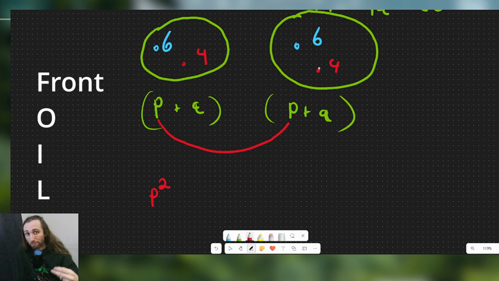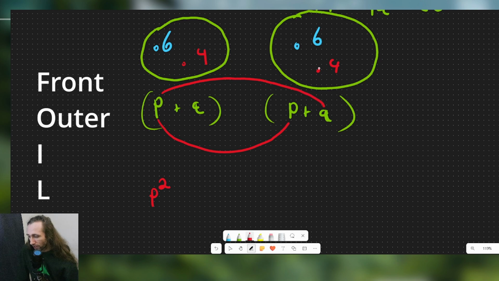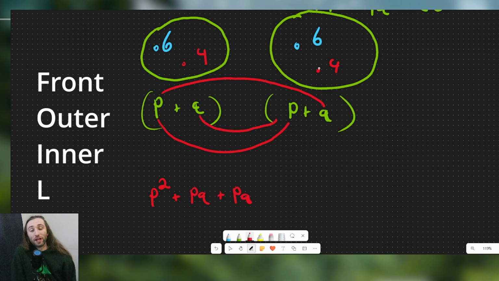P times p is p squared. We can then do our outer ones. So that would be p times q. Then we have our inner. So that's, again, FOIL. So inner is going to be q and p. Again, that is the same as p times q. And then we have our last ones, right?